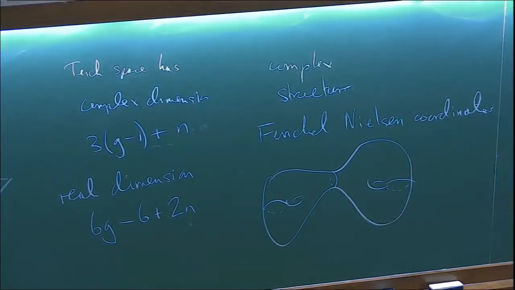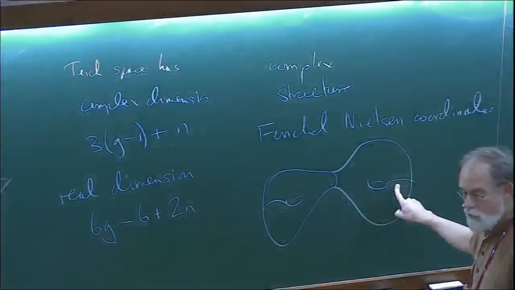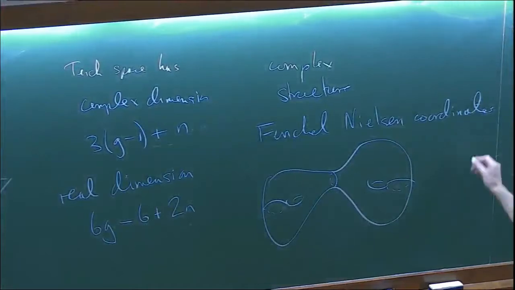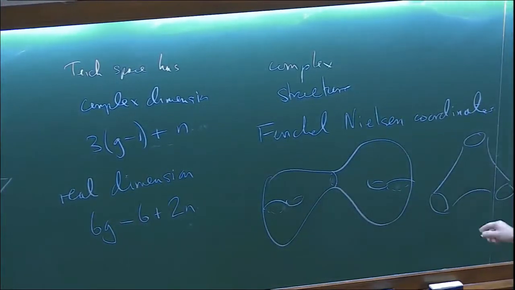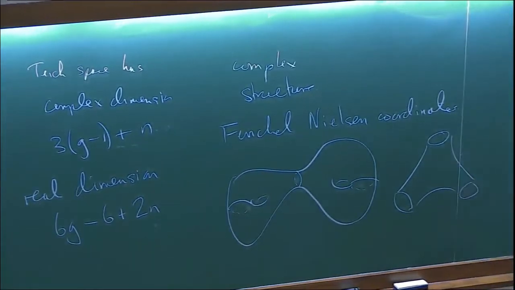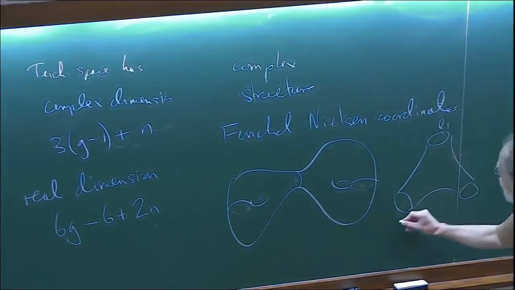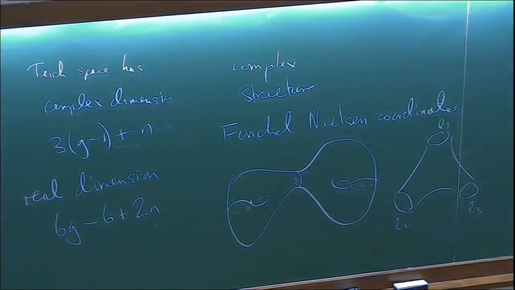So once you've chopped it up into pairs of pants, you can then describe the hyperbolic geometry with a finite list of numbers. For each of the curves that you drew, you should think of these as the closed geodesics that are the boundaries of the pairs of pants. And to describe a pair of pants, all you need to know are the lengths of the 3 boundary pieces. They then uniquely determine the hyperbolic geometry in here.